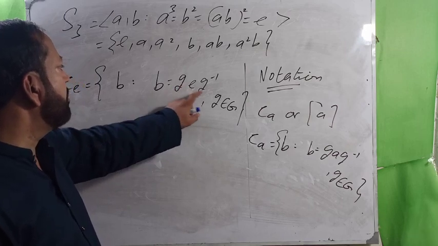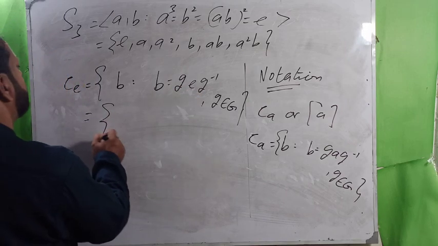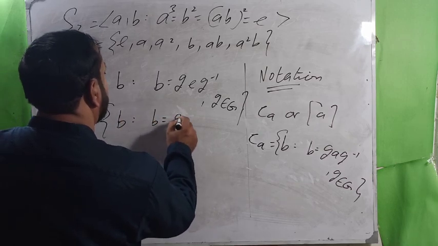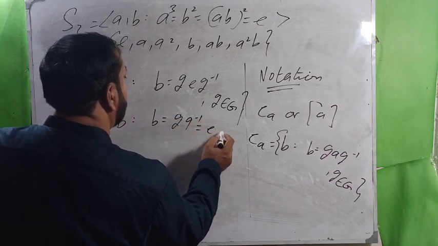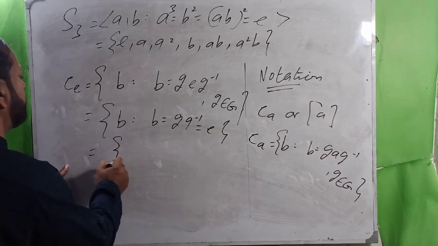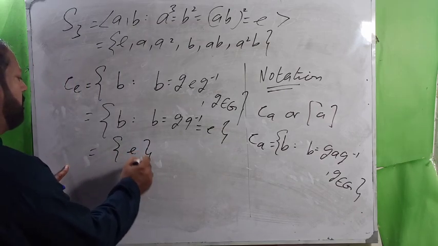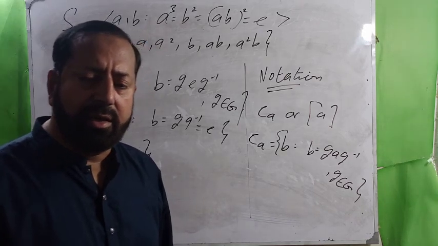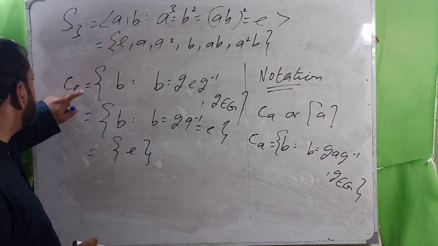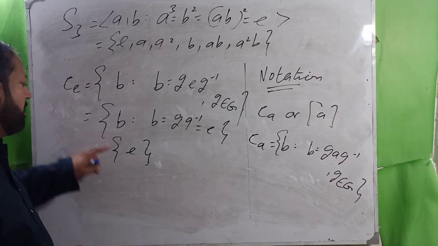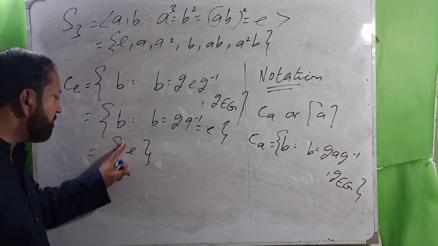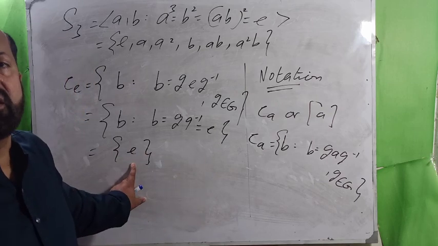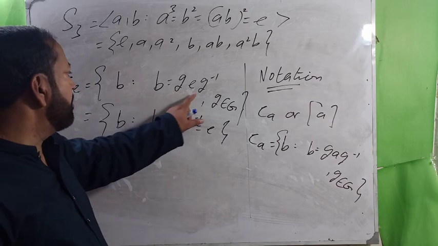So this is g g inverse, which is equal to E. So the conjugacy class of the identity element contains just one element, which is the identity element itself. There is no other element in this by the general definition.